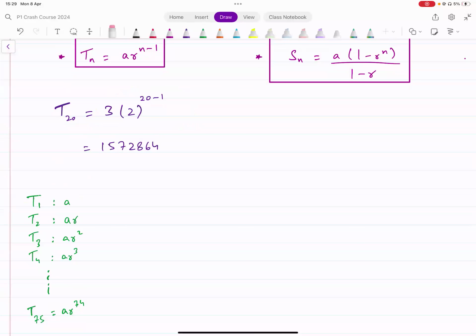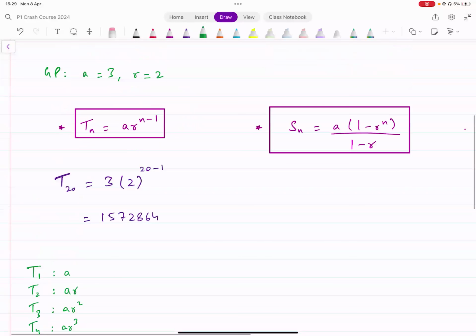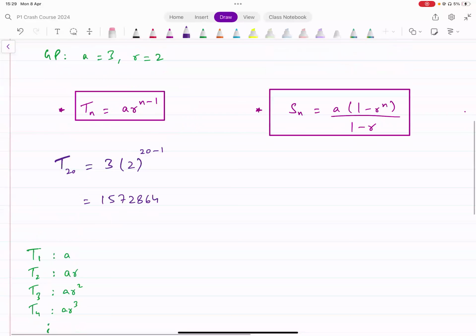Now, what about the sum formula? Again, we could use the same GP. We have the first term as 3 and the ratio is 2. If you were looking for the sum of the first, let's say, 8 terms of the sequence, how would you find that? The value of A is 3, so you put 3 there. Then you have 1 minus R, which is 2, raised to the power n.